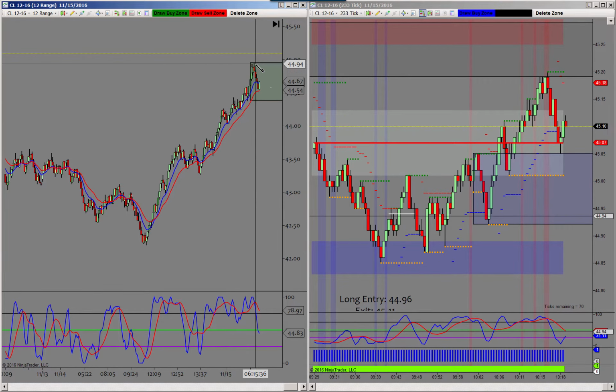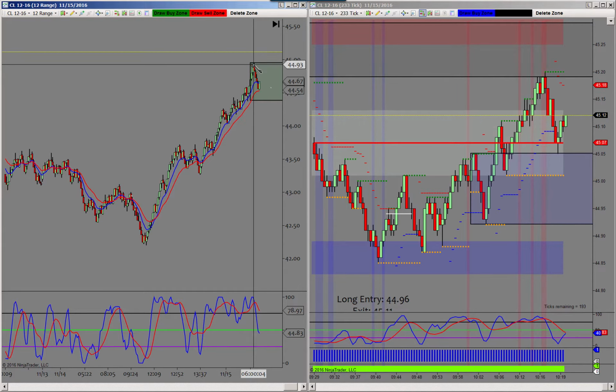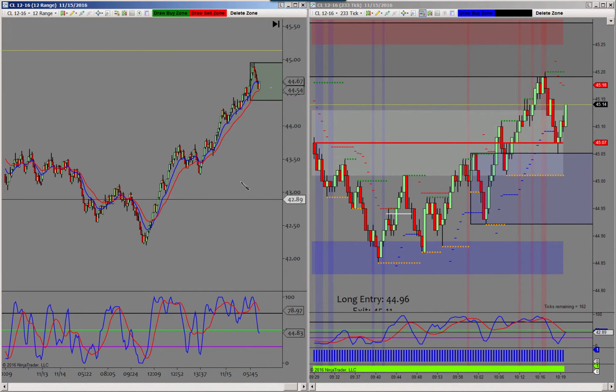In fact, it's up over 7% in a 24-hour period, from 11 o'clock yesterday to current time, just after 10. Okay, so when I opened the room today, this is what it looked like right here.